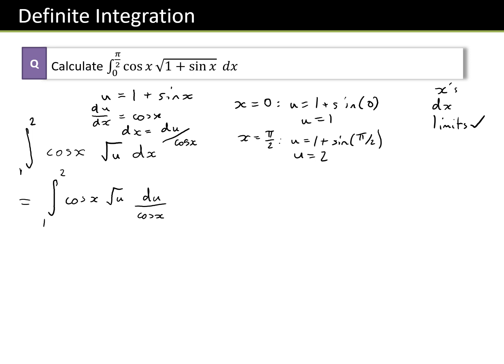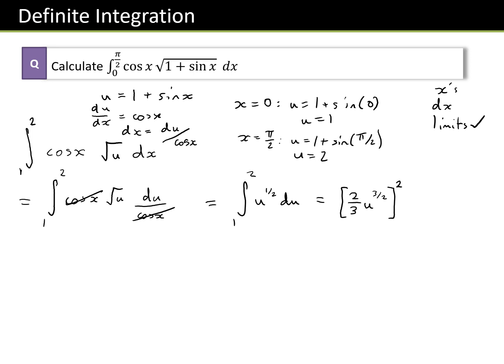Now cos x's cancel. So this is just the same as the integral between 1 and 2 of u to the power of a half du. Again, here, square root of u is just u to the half. Integrate that, you increase the power by 1, divide by it, 2/3 u to the power of 3/2.